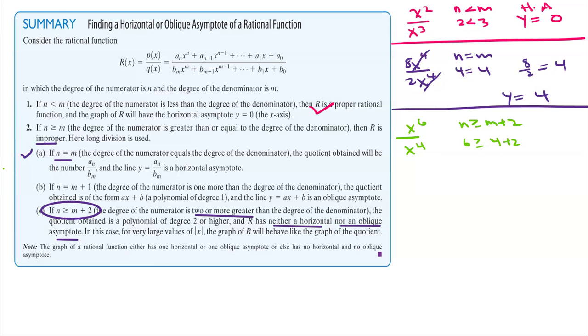If we have this combination, our conclusion is we have no horizontal asymptote and no oblique asymptote. If the power here is two or more than the one in the numerator, then we have this situation.